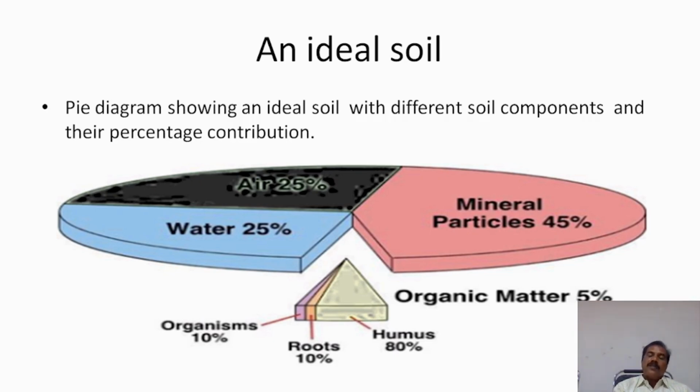Out of the total organic matter, the humus content should be 80%, and the plant roots should be 10%. Similarly, living organisms, micro as well as macro, should be present at least 10% of the total organic matter of the soil. These are the proportions of different components in an ideal soil.